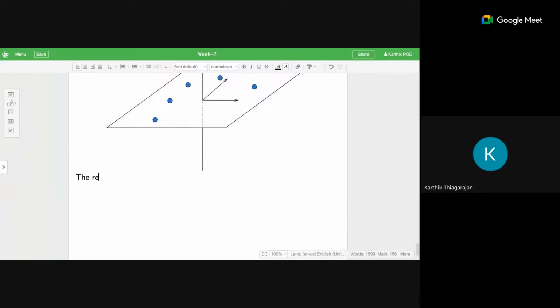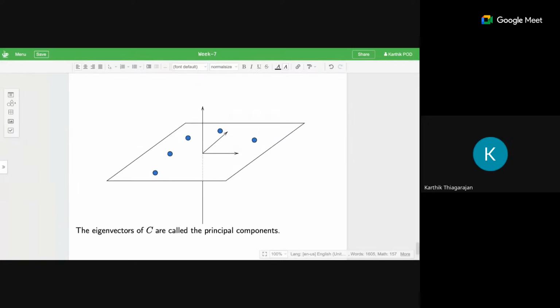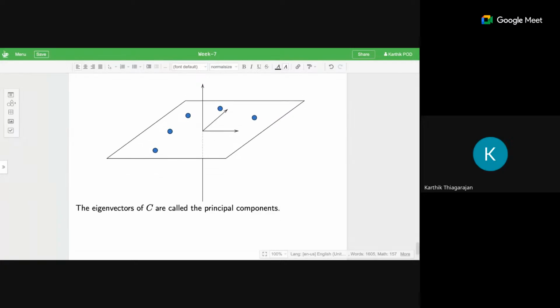The remaining eigenvectors of C are in general called the principal components. So if you want to reduce this data set to two dimensions, two principal components, you would use the largest eigenvalue and the second largest eigenvalue, right?